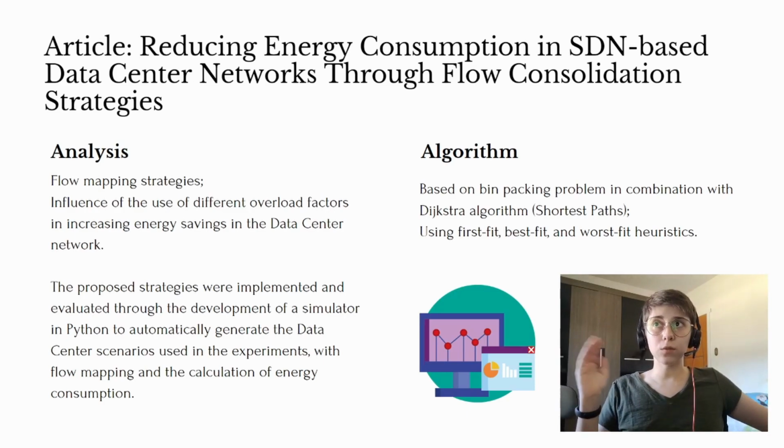And they create an algorithm based on the bin packing problem in combination with the Dijkstra algorithm. Dijkstra is a famous algorithm that searches for the shortest paths, and they use the strategies first fit, best fit, and worst fit.